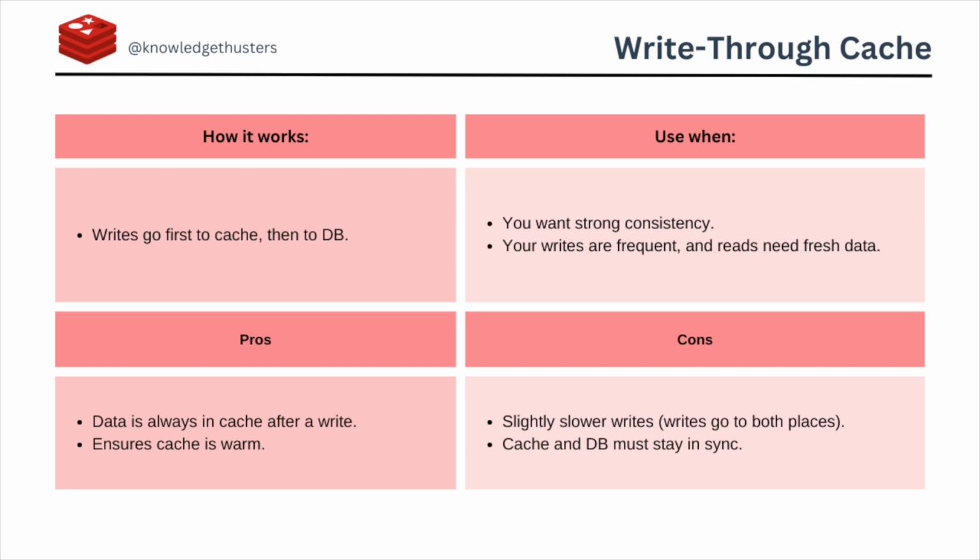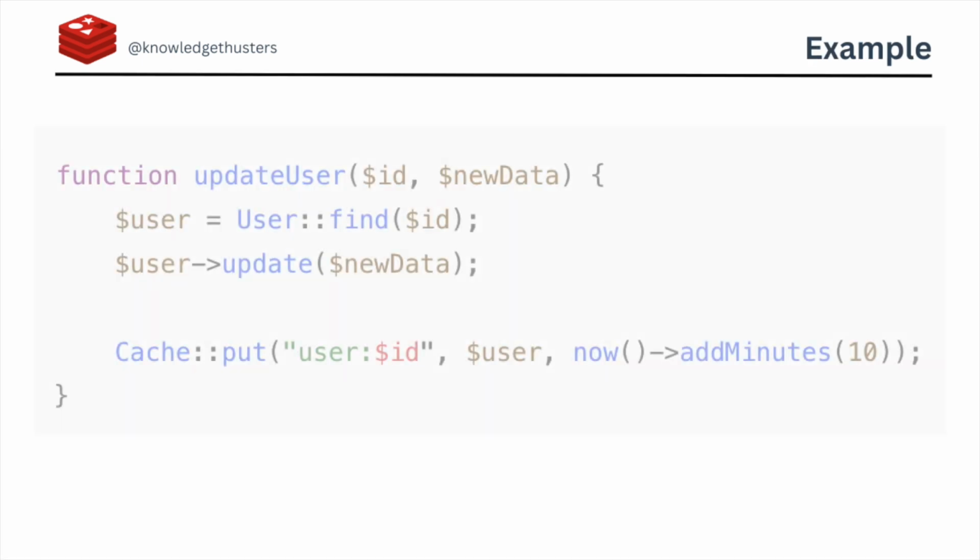The pros are that data will always be fresh in the cache, so you get warm data. The con is that it is slightly slower, as two operations happen synchronously. In the example, you are fetching and updating the user, and at the same time you are updating the cache.